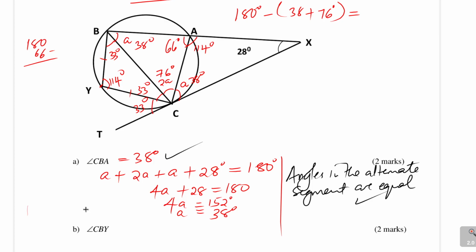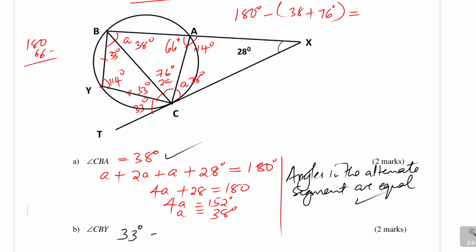Then the other one is CBY. So CBY, this is 33. And the reason we gave here, the base angles of an isosceles triangle are equal. So CBY is 33 degrees.